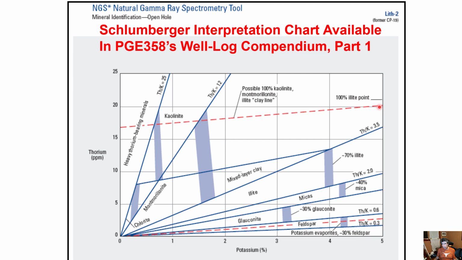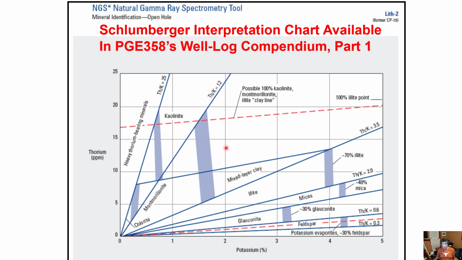This is more like a cloud boundary, but it's just put here as a guide indicating that if you go over the red line above or below here, or outside the boundary here, most likely what you have is abnormal grain composition rather than different types of clay minerals.